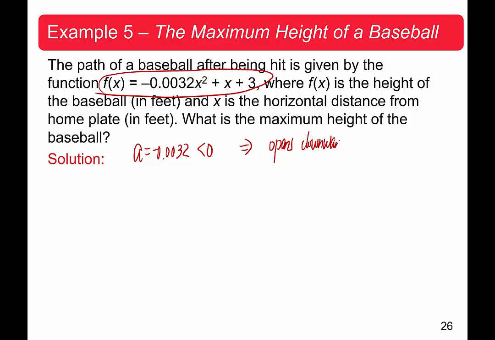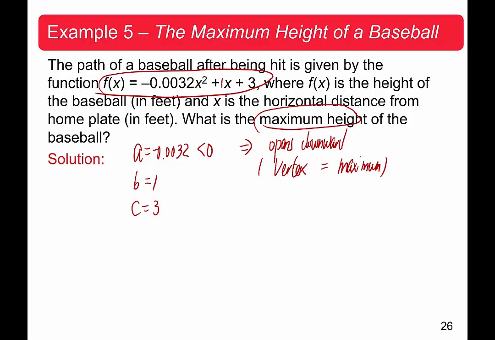Then the vertex is a maximum. That's why they're looking for the maximum height, not the minimum height, and that's how we determine what we are looking for. So a is given, b is 1, since the coefficient is 1 by default in front of x, and c is equal to 3.